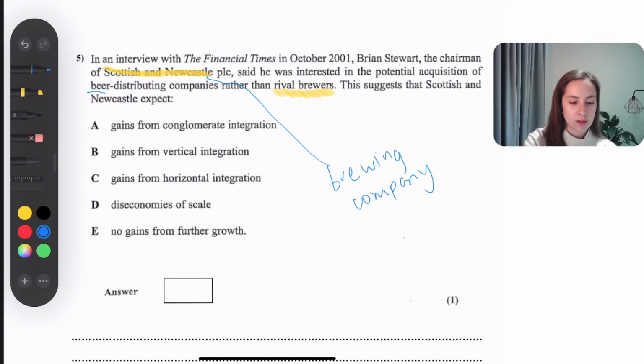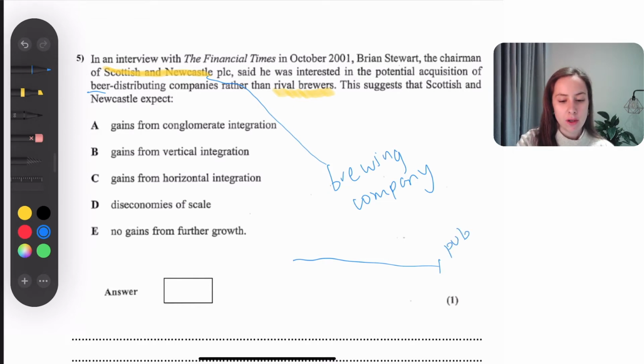So in terms of the supply chain of beer, people would have beer in a pub or a supermarket or something. Beer is first grown as hops, then those hops are processed by a beer brewing company. And you add water and all kinds of things.